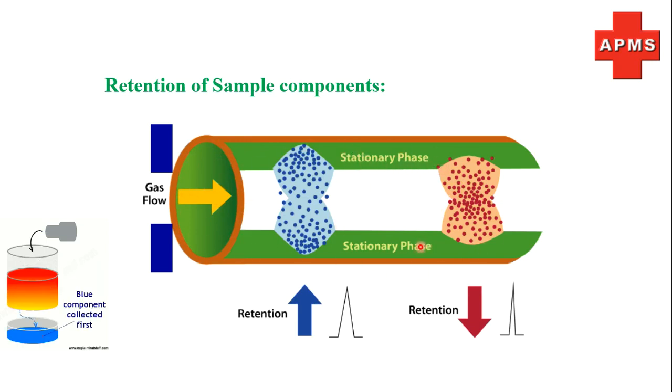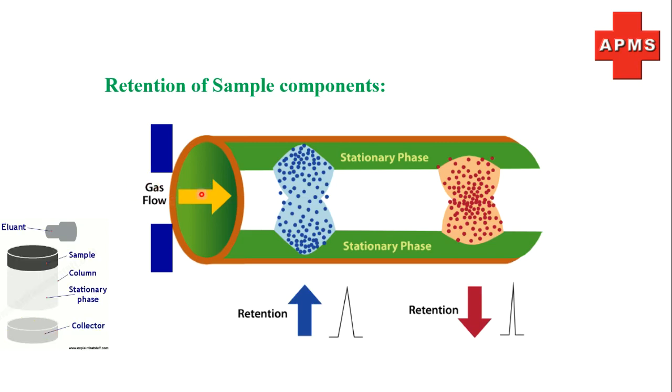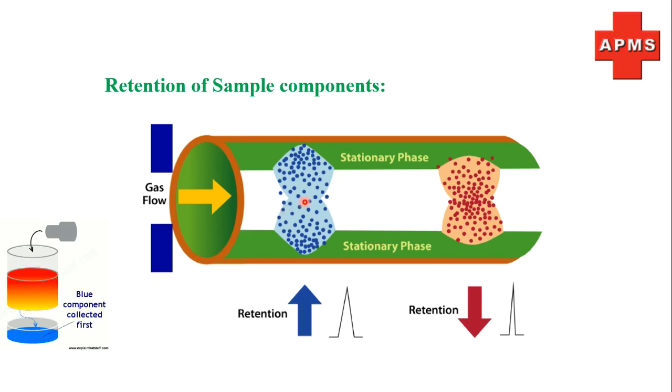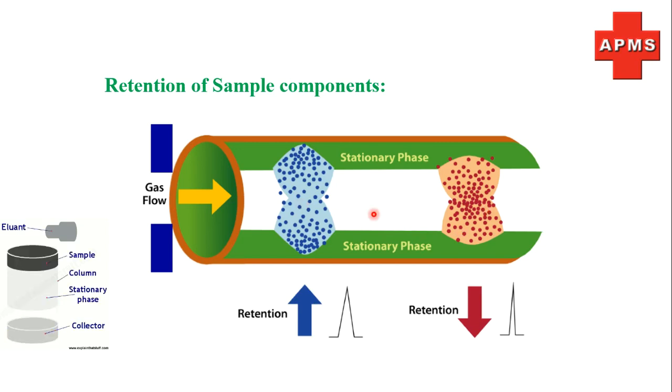Here is the gas flow of the mobile phase, which contains the sample. Suppose there are two components present in that sample, one blue colored as shown here and one red colored. These are separated according to their interaction with the stationary phase.